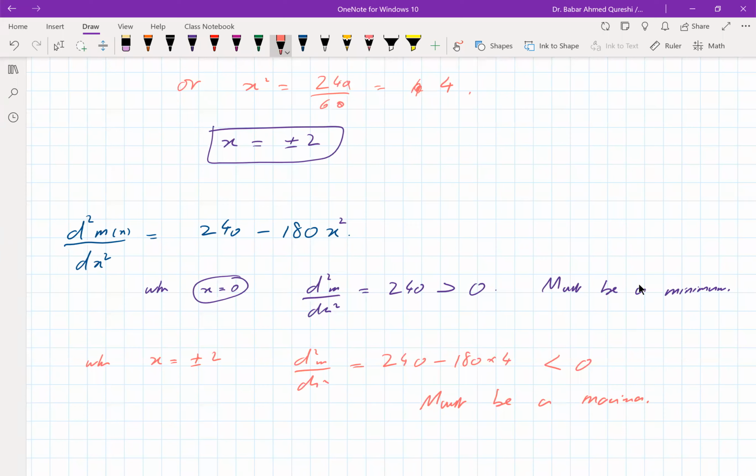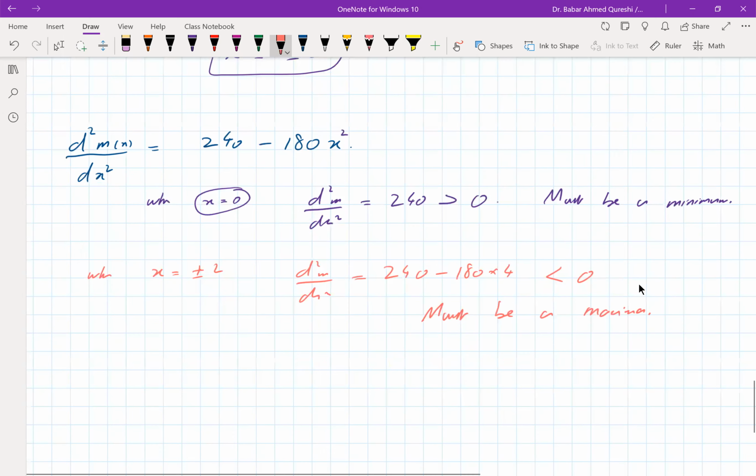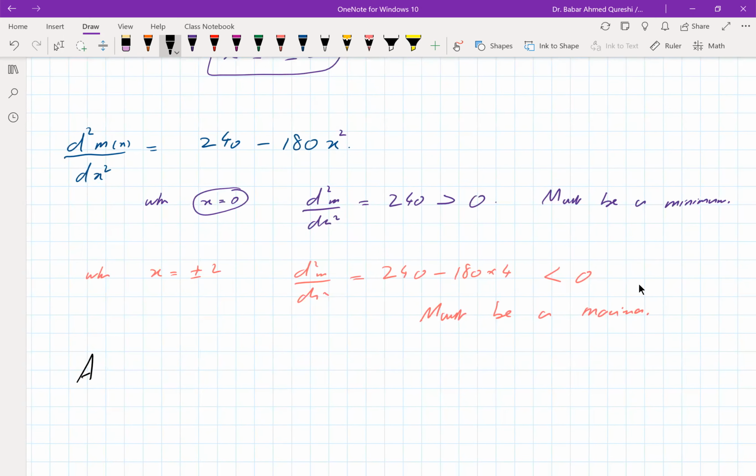So at both plus 2 and minus 2, you have local maxima. And so locally things can be maximum, but one local maximum can be bigger than the other.